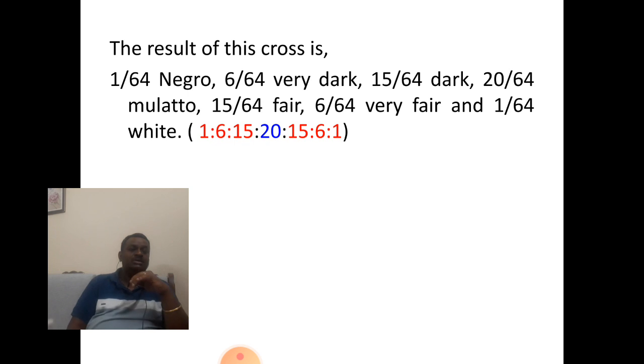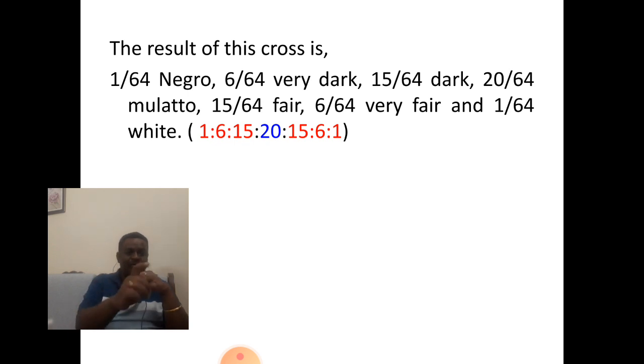Now the same will repeat for the further. 15 of 64 will be fairer, showing 2 dominant alleles. 6 of 64 will show very fair skin showing 1 dominant allele, and 1 of 64 will show white or albino color where there is no dominant allele.